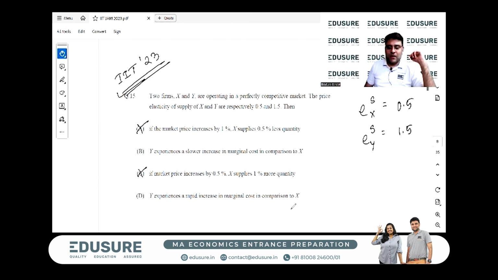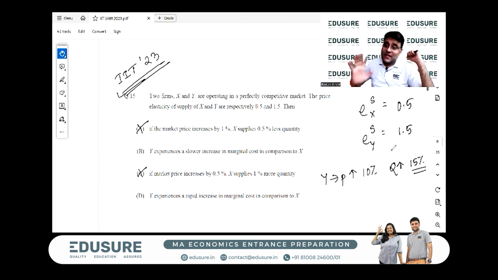Y experiences a rapid increase in marginal cost. Please try and understand that if my elasticity of supply is 1.5, it means that if my price is increasing by 10%, my quantity increases by 15% for Y. If I'm increasing my quantity by more than proportion, it means that my cost is not increasing as much as the price.